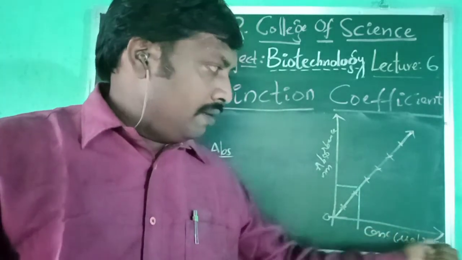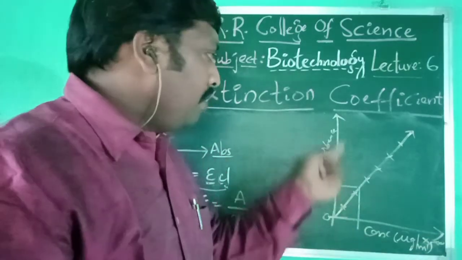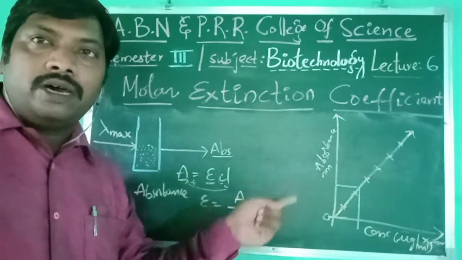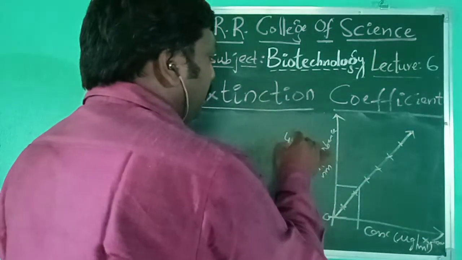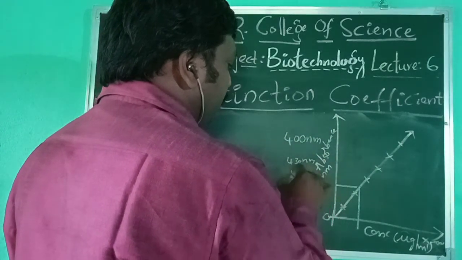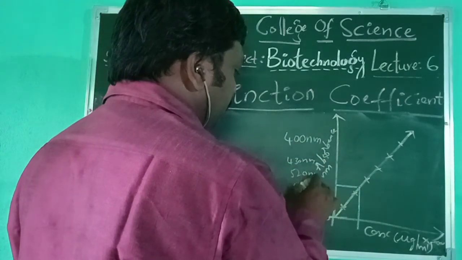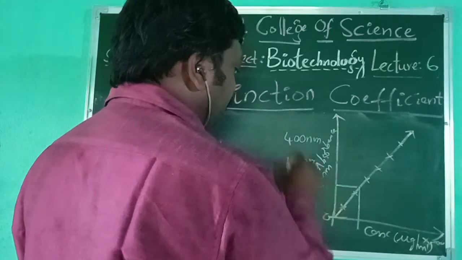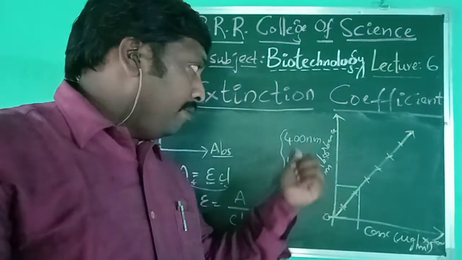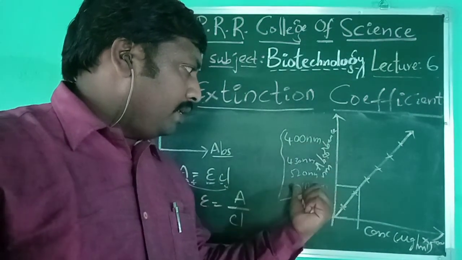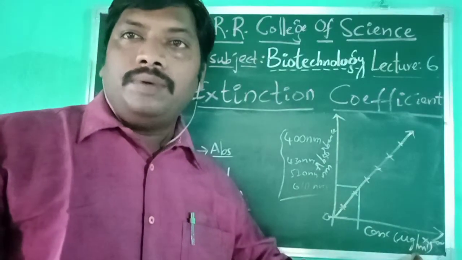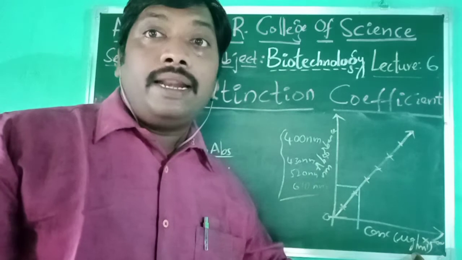On the y-axis we take the absorbance at particular wavelengths, like 400 nanometers, 430 nanometers, 520 nanometers or 610 nanometers. We take these nanometer values according to the concentration of the sample and also its color representation.